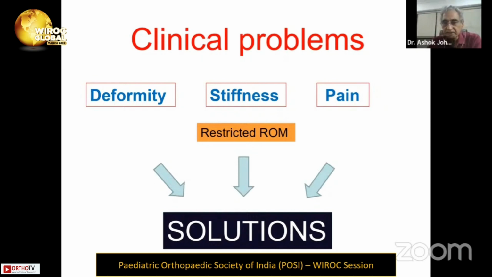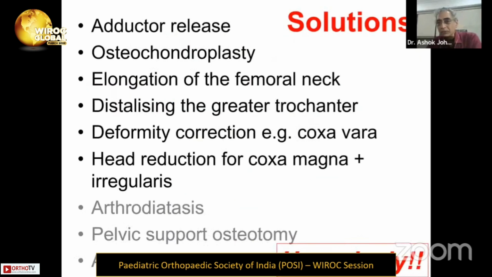And what could be the solutions? Well, there could be a number of solutions in this situation. A plain adductor release can work very well to have that femoral head well inside the joint, or osteochondroplasty is very well known, elongation of the femoral neck where you have a coxa breva, distalizing the greater trochanter where you have a trochanteric so-called overgrowth.